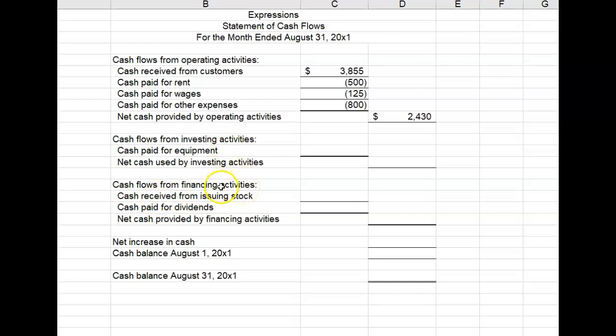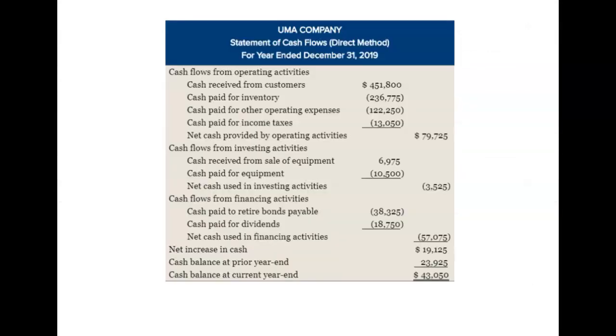And I know that because I'm looking at the example that we're following for the format. Operating activities is always first, followed by the investing activities section, followed by the financing activities section, always in that order. But I'm a little baffled. What goes in the investing activities section?